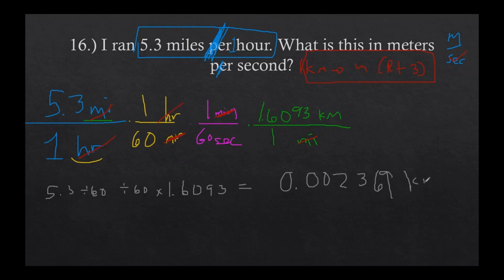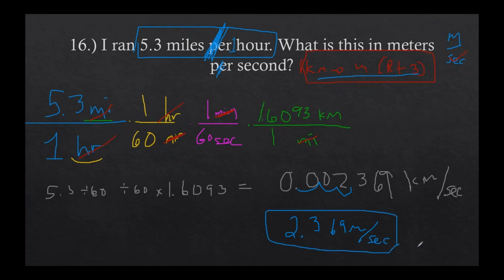And that is kilometers per second. But that's not what I want. I want meters. So I take this answer, and again, I move it right 3. 1, 2, 3. So my final answer is 2.369 meters per second. Again, there are other paths to get from miles per hour to meters per second, but this is a methodical way that we have done throughout the class already.